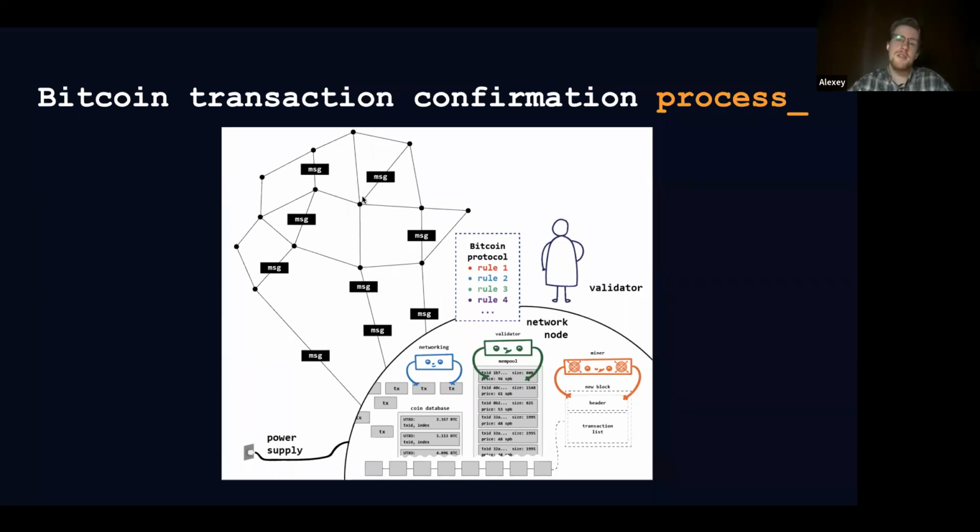These are new messages, which are transactions. Each network node consists of several modules inside of the software. The first is the networking module, which takes transactions from the network, from the pool.